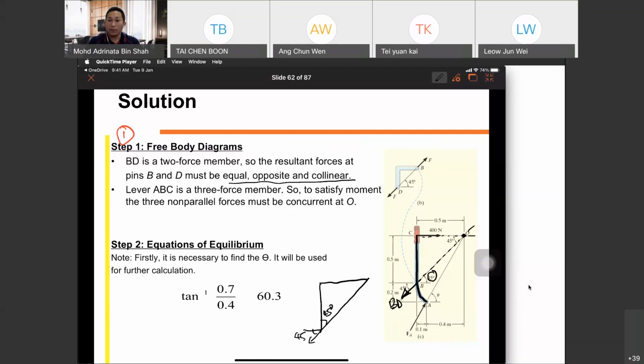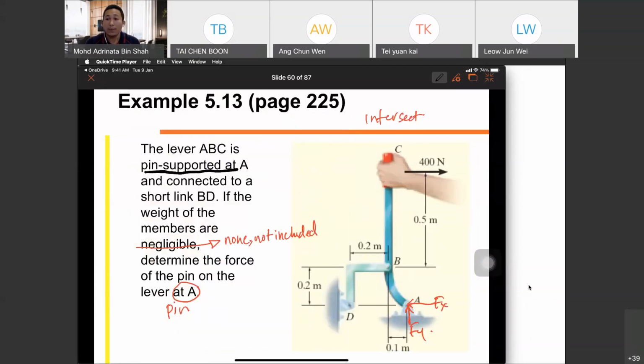So if you have 45 degree and the length of link is 0.5, so the upper side is 0.5 meter. Because they didn't give you an intersect point O, you need to draw your intersect.